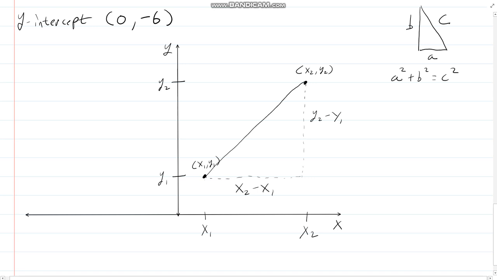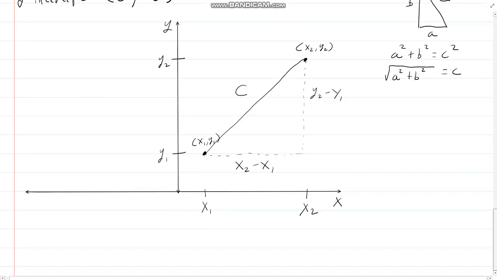What we're trying to find is kind of like a c here. So we should solve for c. To solve for c, this is c squared, we have to take the square root. So I'll take the square root of both sides. I have the square root of a squared plus b squared equals c. And now we know what c is, and we're going to need to do that over here.